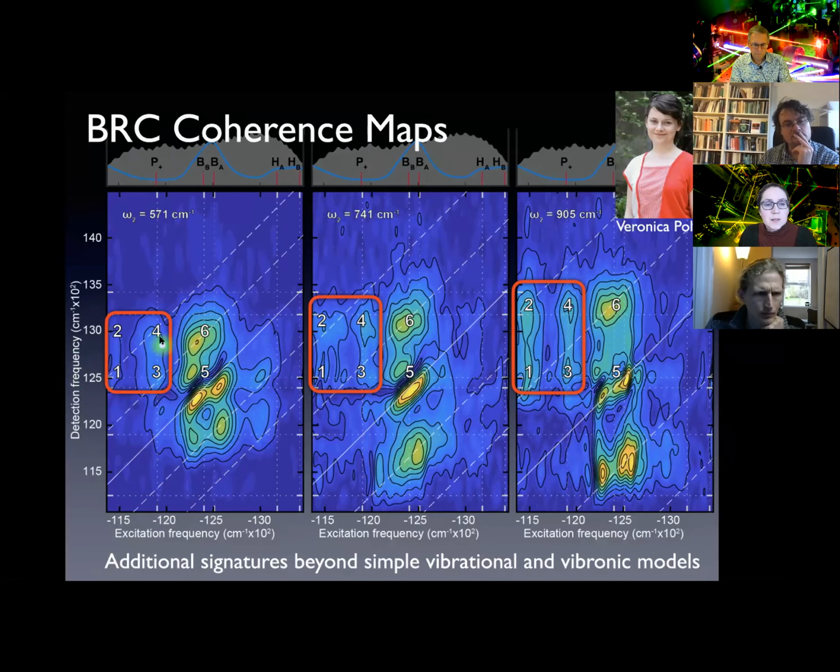But interestingly, the detection axis here, the features correlate roughly with the position of BA. Okay, so we're exciting P, but we're seeing detection at BA and BA plus a vibrational quantum. You can see features 2 and 4, as I go up in coherence frequency, are separated by that vibrational quantum.